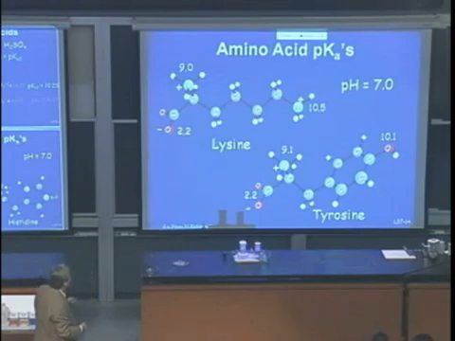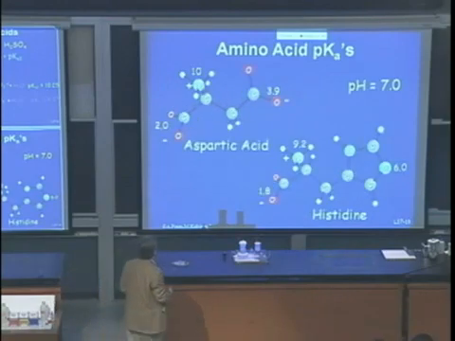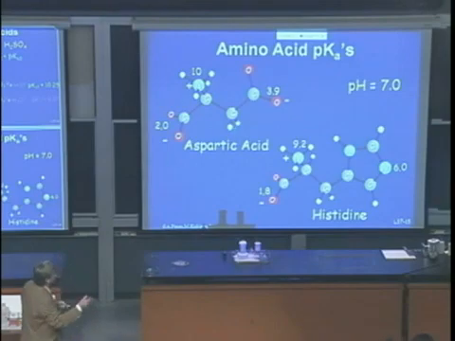Lysine, for example, has a pKa of 2.2. This one here is off, and this stays on, and this is obviously an OH here. Okay? This doesn't come off immediately, so you need to go above pH 10, tyrosine. Okay? Now, this would be aspartic acid and histidine. And we can go through the spiel.